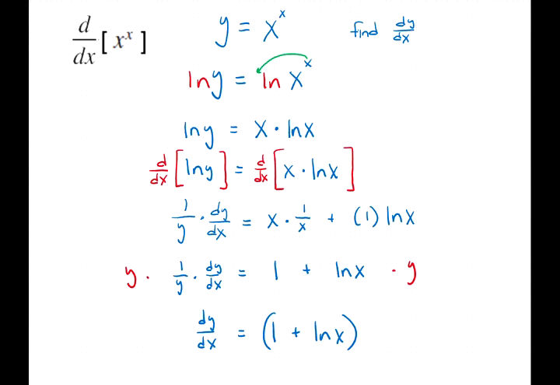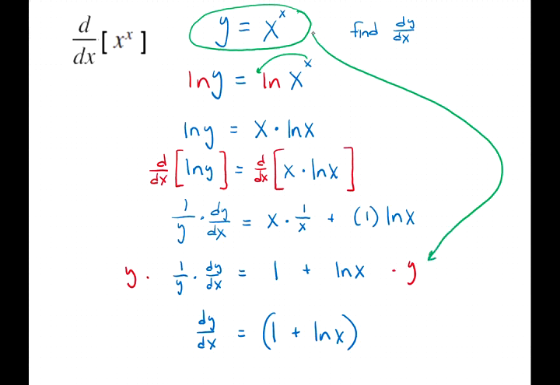And y is equal to x to the power of x, so that could go in here for this y. So dy dx, the derivative of x to the x, is equal to 1 plus the natural log of x, times x to the power of x. Okay, that does it for this one.